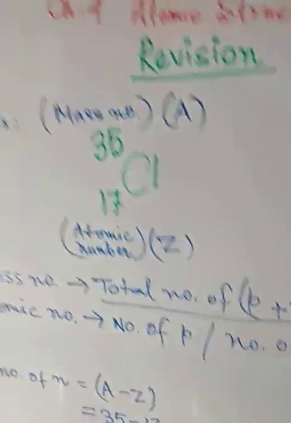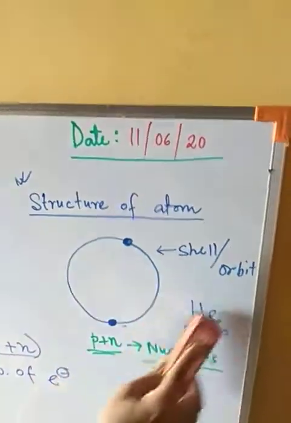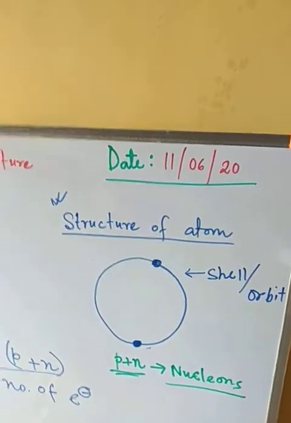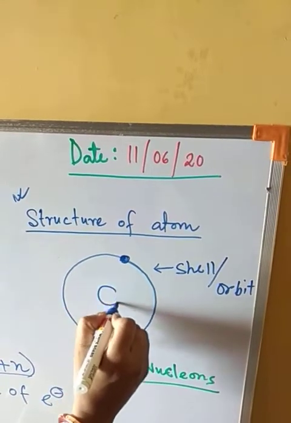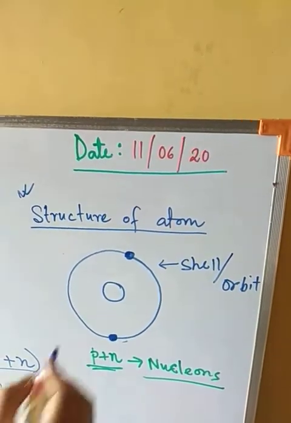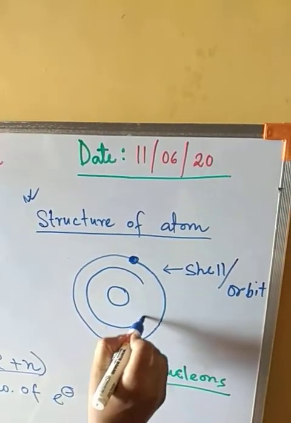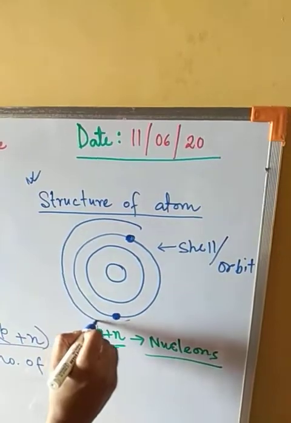Now let us draw the structure of chlorine here. The center nucleus is there, and around the nucleus shells or orbits are there.